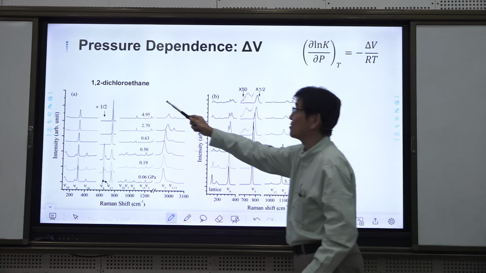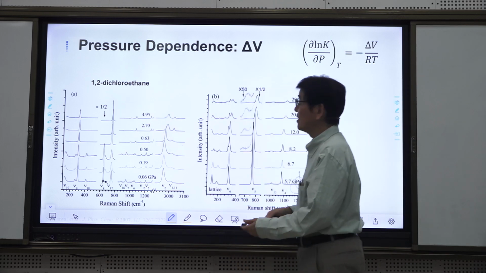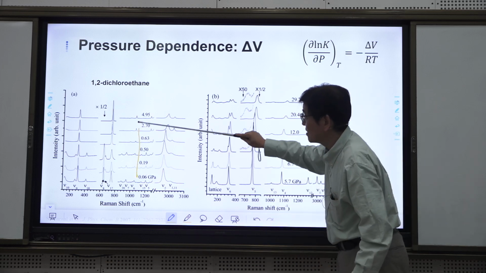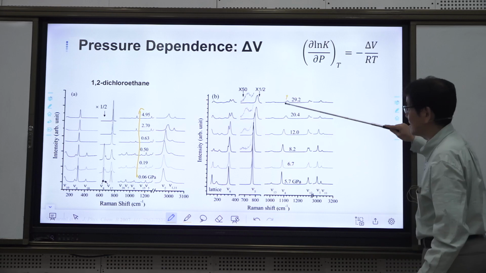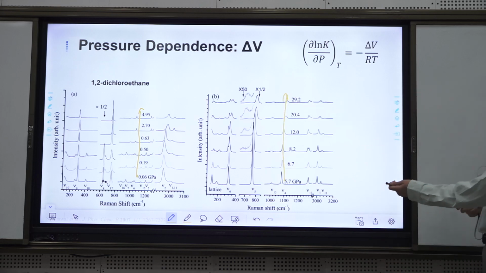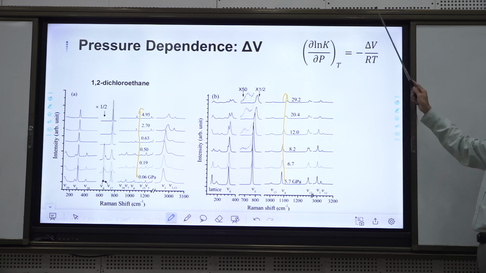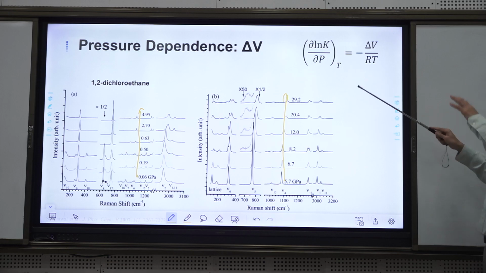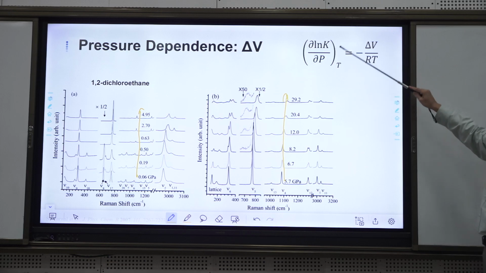This is the result of, again, 1,2-dichloroethane. And by increasing the pressure, the spectral pattern changes gradually. And there is a relationship between the equilibrium constant K, or the ratio of the population between trans and gauche, and pressure.